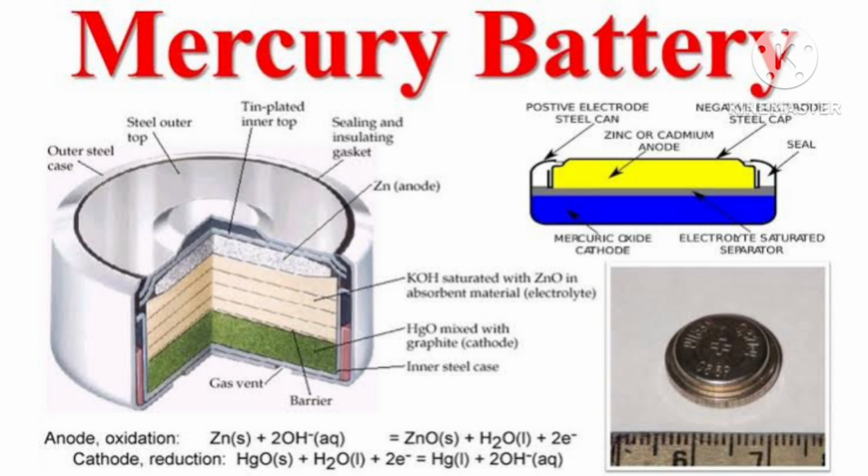It consists of Zn-mercury amalgam as anode. Now again you should know the anode, cathode and electrolyte. What is the anode? The anode is Zn-mercury amalgam, and a paste of HgO and carbon is used as the cathode.